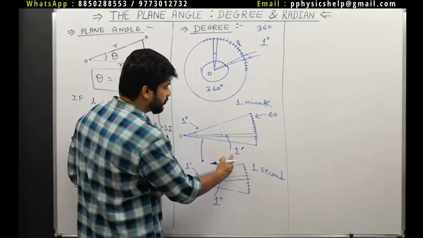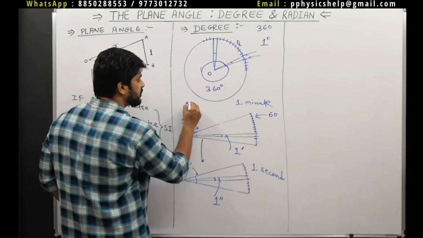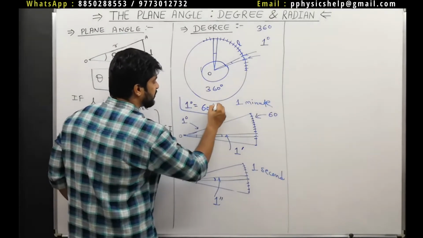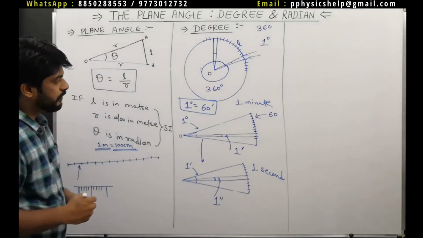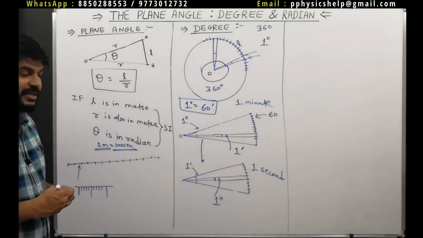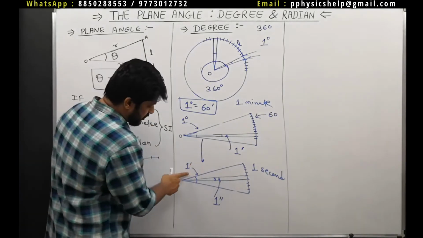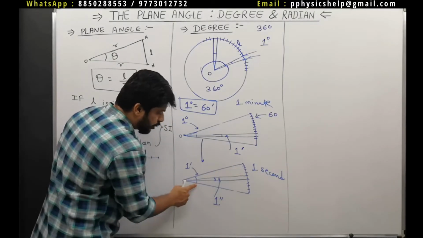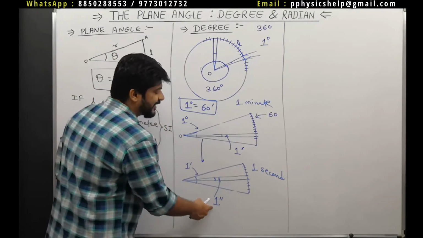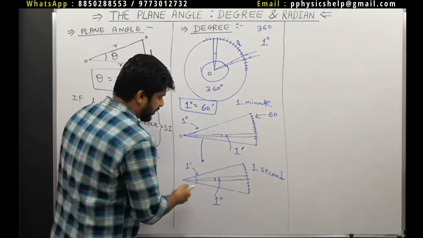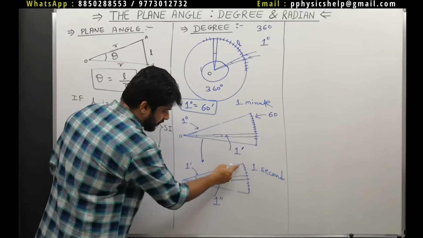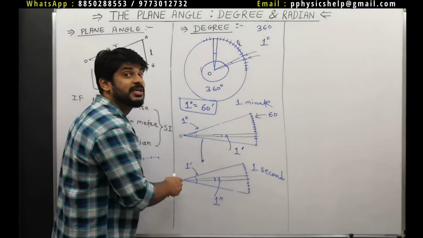One thing you can note, this is 1 degree and it is divided into 60 parts, and you get one part as 1 minute. So 1 degree is equal to how much? 60 minutes. Remember this. And same here, the total angle is 1 minute and the 60th part of 1 minute is 1 second. So the total number of seconds in 1 minute would be how much? 60.